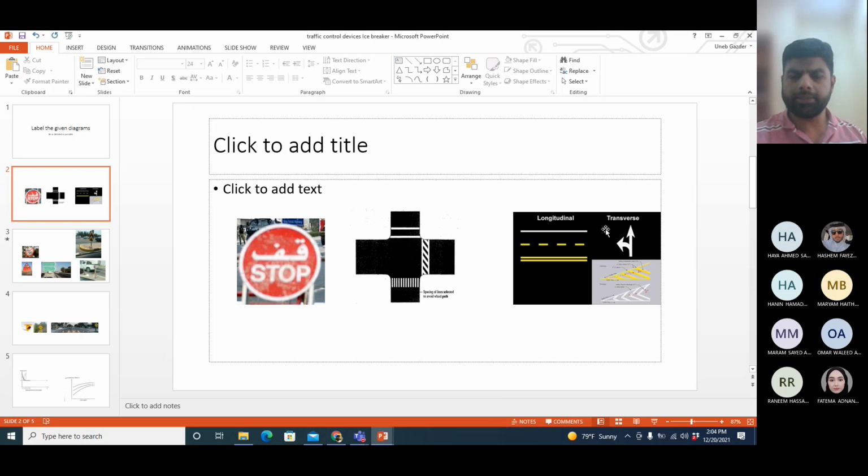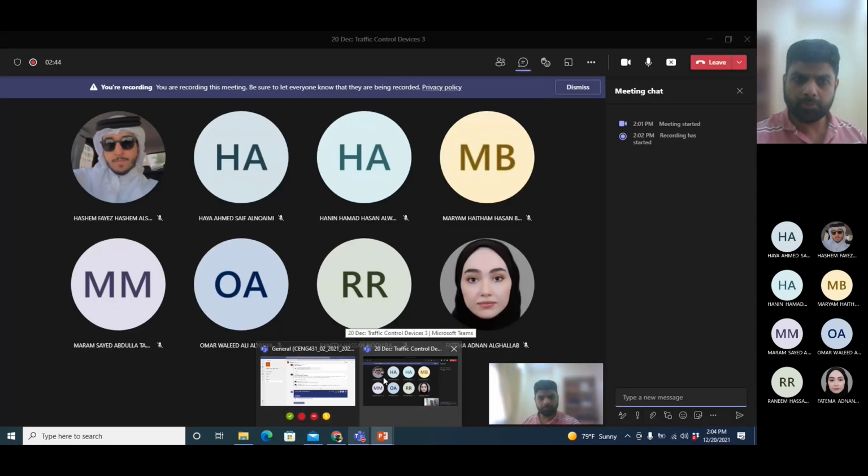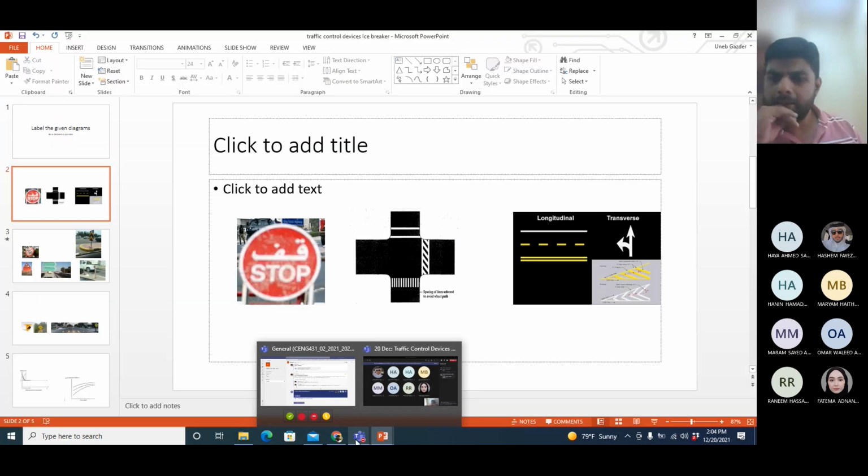The diagram on the right hand side, what does it show? Anyone? Hashim, Haya, Aneen.